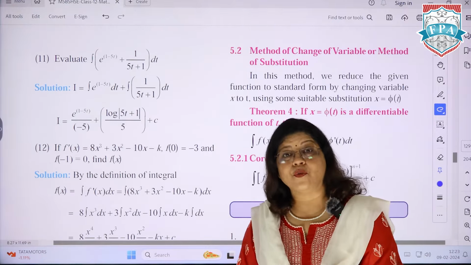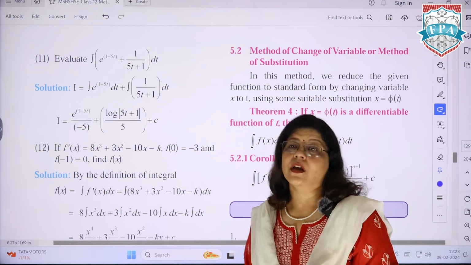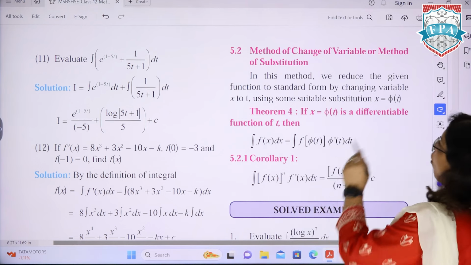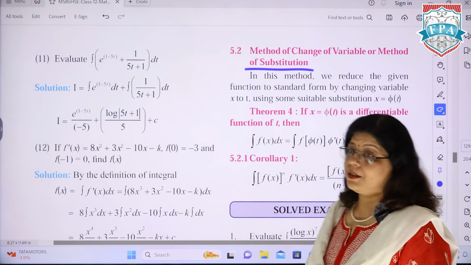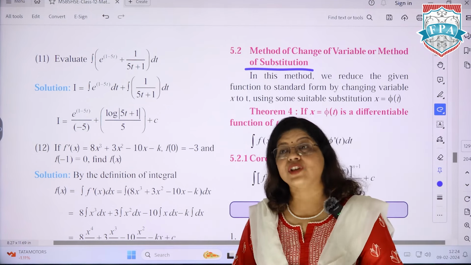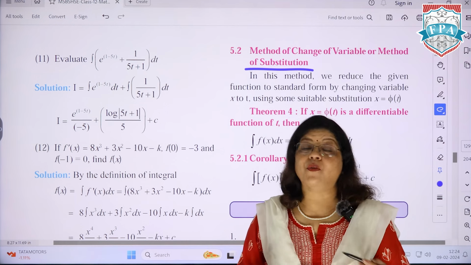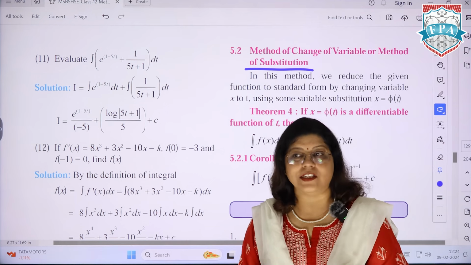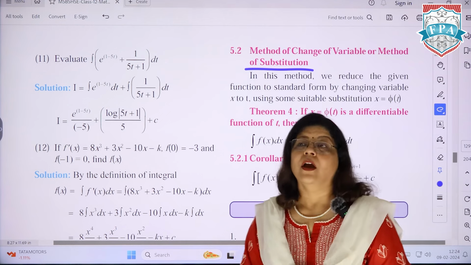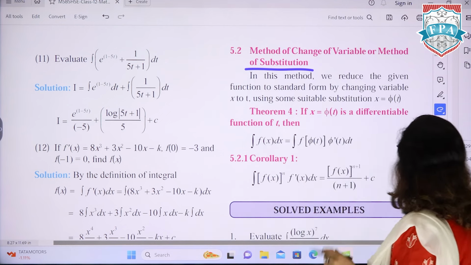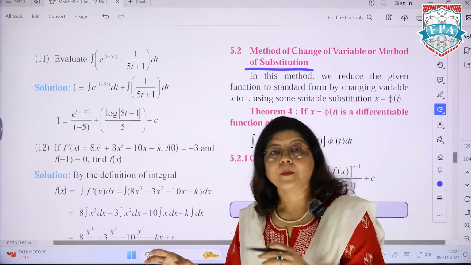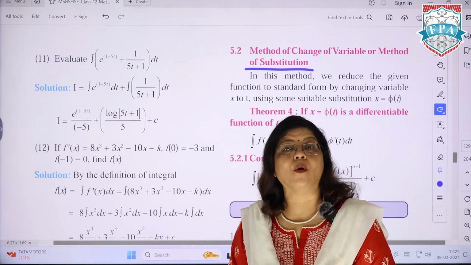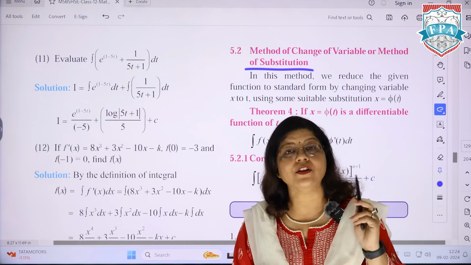The second kind of question which we are going to see is using the method of substitution. Now the problem here is, if we are changing the variable of a question by assuming something else, we have to in fact change dx also. Means the variable of integration also needs to be changed.